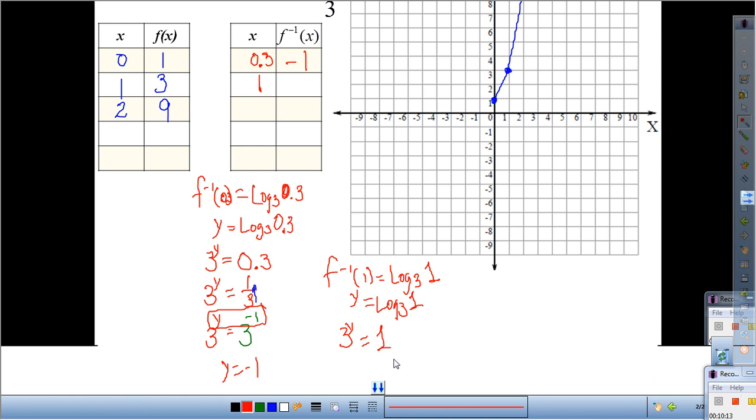Once again, this one's kind of weird, but think it through. They need to be the same base. So question, 3 to the what power gives me 1? What did we say over here? 3 to the what? To the 0. That is correct. So I'm going to write this as 3 to the 0, and that is equal to 3 to the y. At this point, we can write our equation here. So y equals 0. So that goes right here.